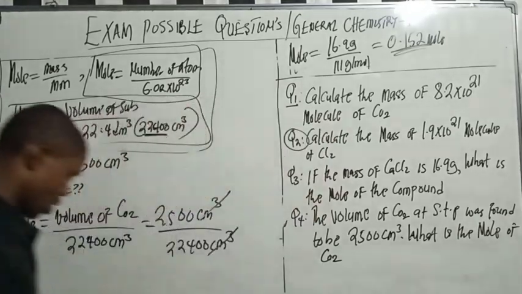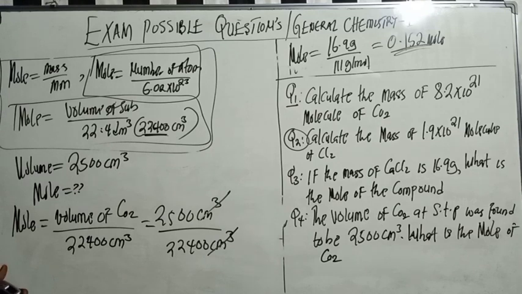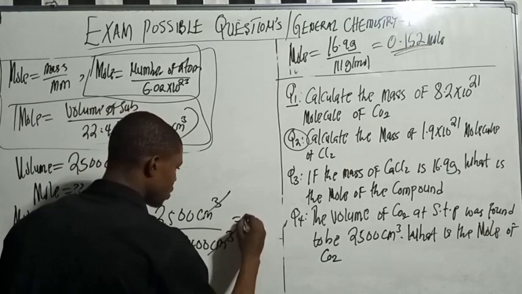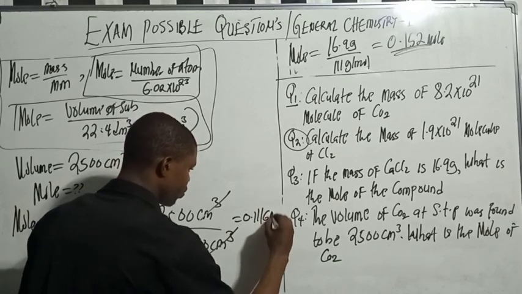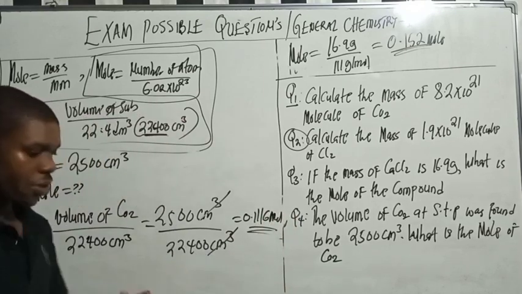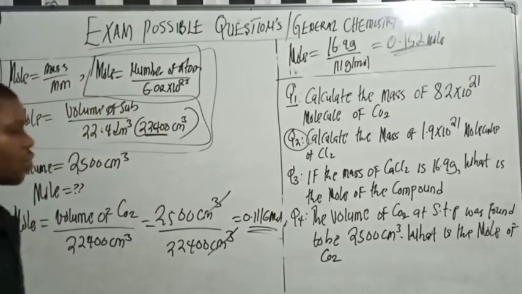So what we are left with is 2500 divided by 22400, which gives 0.1116 moles.